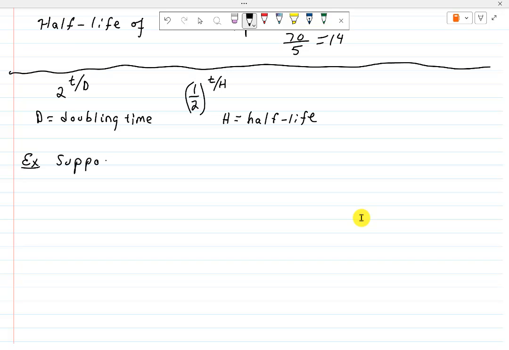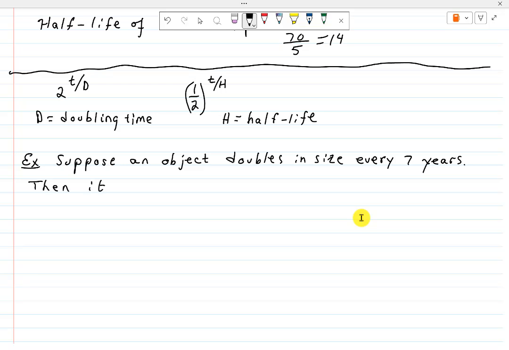Suppose an object doubles in size every 7 years. Then its size is 2 to the t divided by 7, where t is in years.